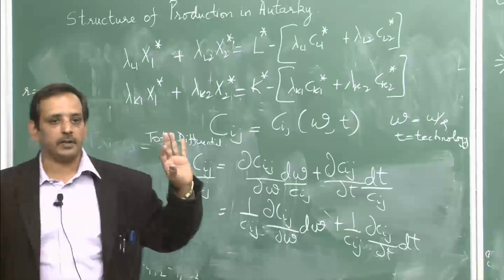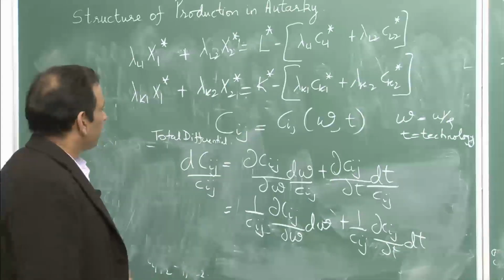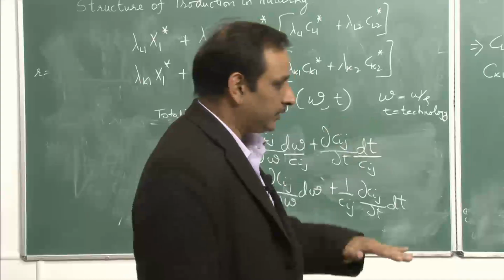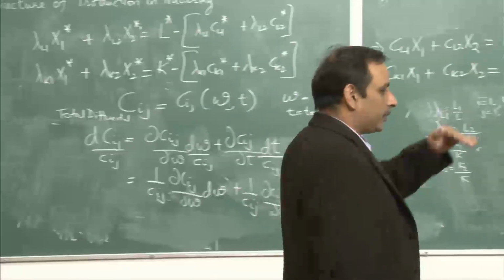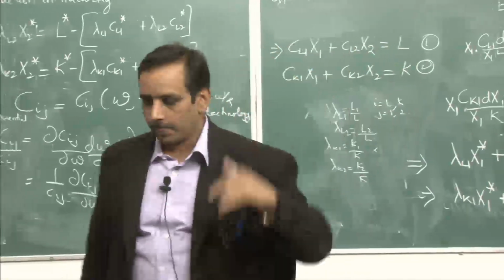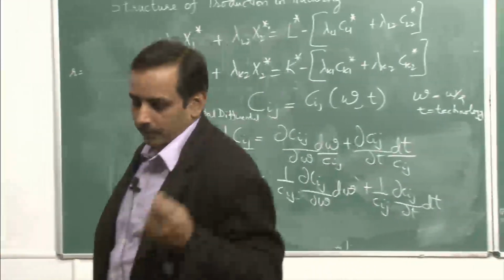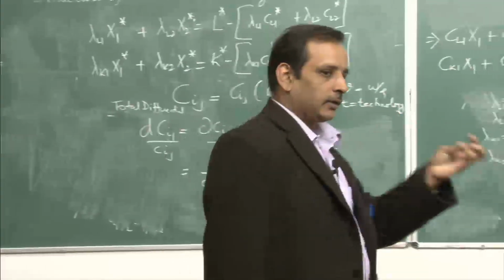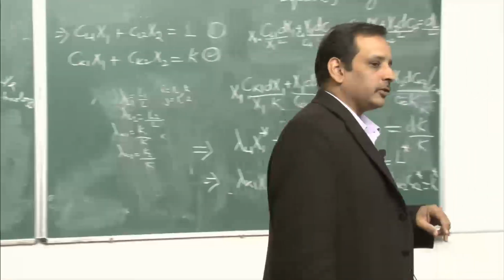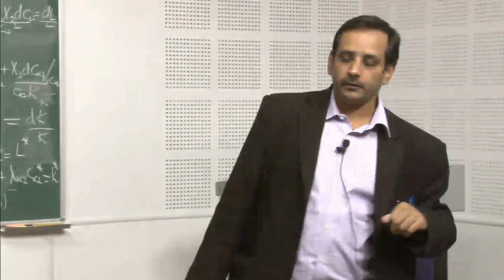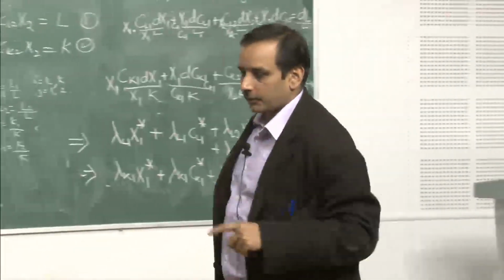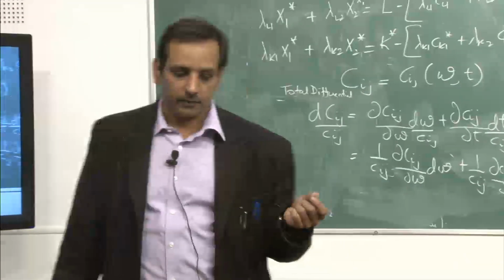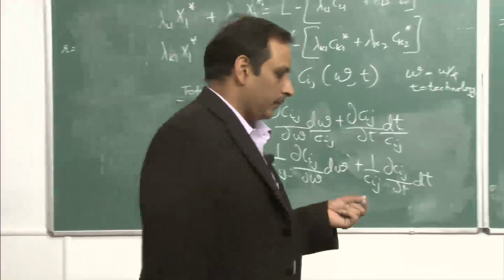Yesterday, when we were discussing the impact of technology, we saw that with technology you have fewer units of labor and capital producing the same output. We defined technology in three ways: labor using, capital using, and Hicks neutral. In labor using, the marginal productivity of labor increases by a factor greater than the marginal productivity of capital.